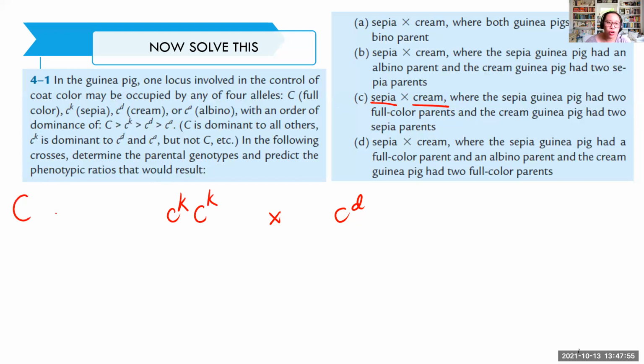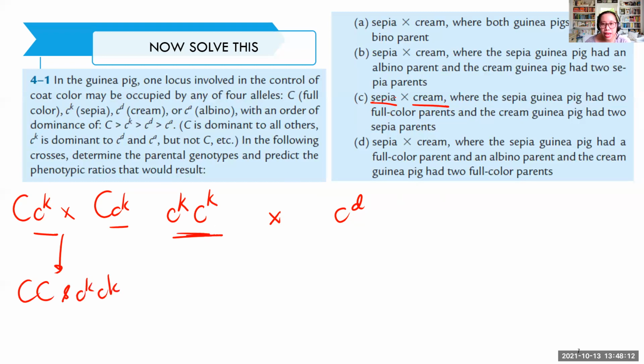Because with full color, class, C times C, they can only have a sepia offspring if they are hetero for the CK. Okay? So from here, what this will produce is full color and sepia. So it means that if a sepia had two full color parents, then the sepia parent here is pure.